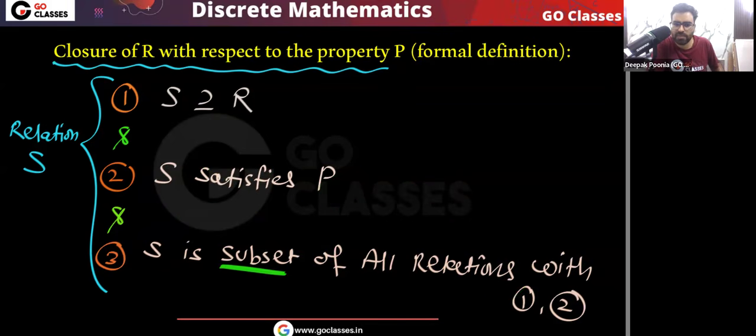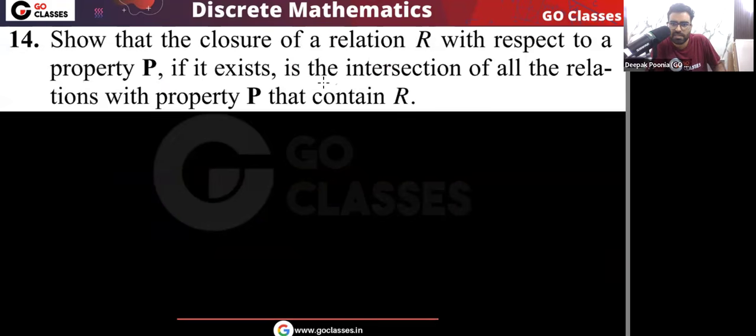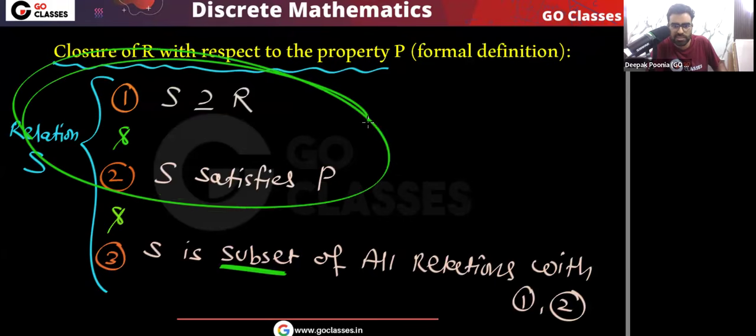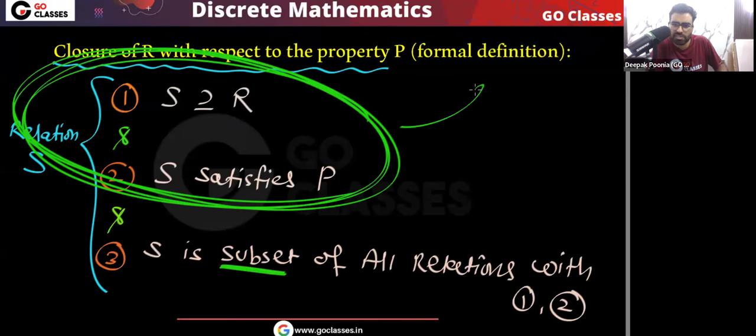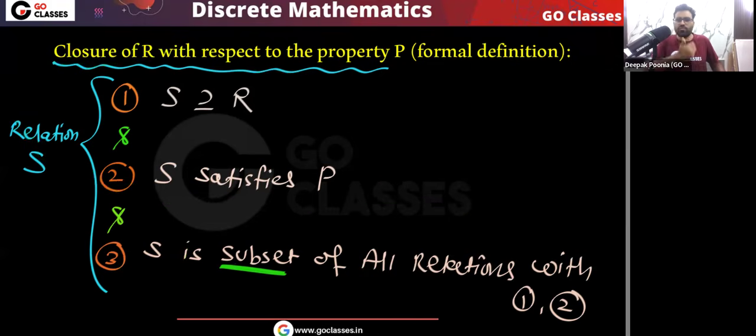You will get S itself. This is the question: the intersection of all relations which have property P that contain R, meaning all relations with these two properties, gives S, because S is a subset of all such relations. That's it. This is the proof. I hope you understood. Did you understand? Let me know.